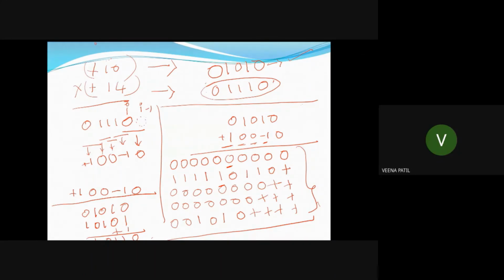Once you perform the addition of partial product, you are going to get plus 140, which stands for 0, 0, 1, 0, 0, 0, 1, 1, 0, 0.